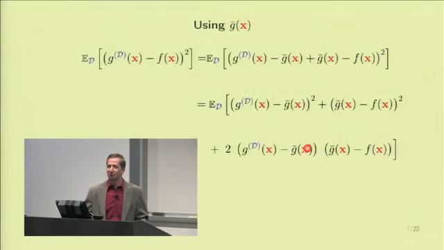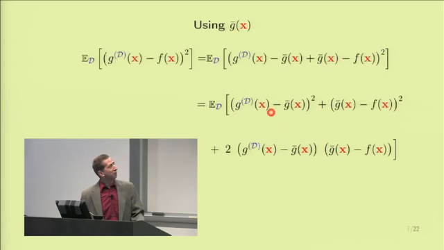One of the few universal rules that you can apply without asking any other questions. So I get the expected value of this. What is the expected value of g_D? Well, wait a minute. That was g bar by definition. That's how we defined it, right? So I get g bar minus the expected value of a constant, which happens to be g bar. So this goes to 0, and happily, this term goes away.